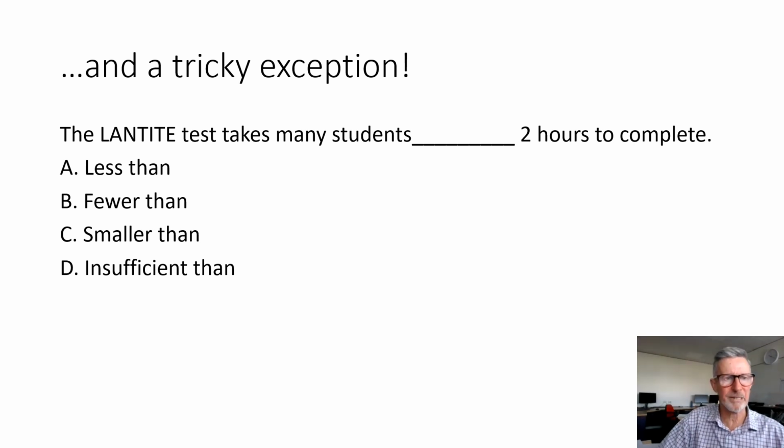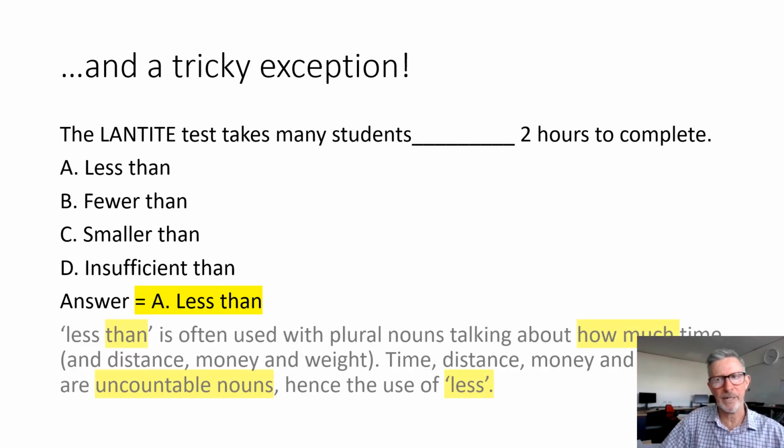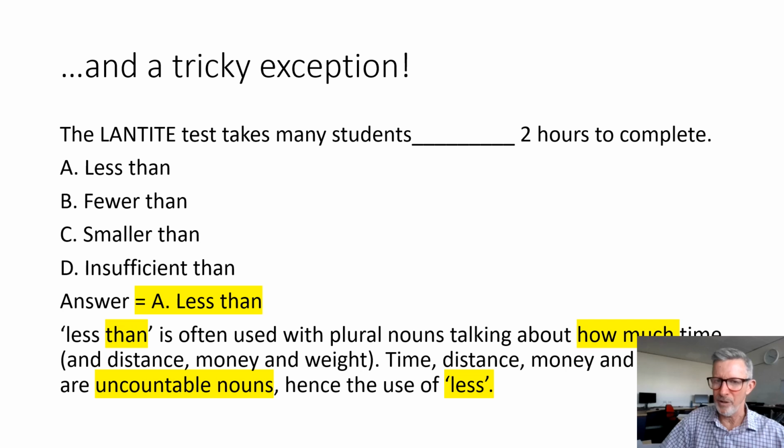You see the S, you think that it should be fewer than, but with time and distance and weight, because those ideas are uncountable, we actually use less than. This is an exception. It's not something that you're going to get, I don't think, but it might be interesting.